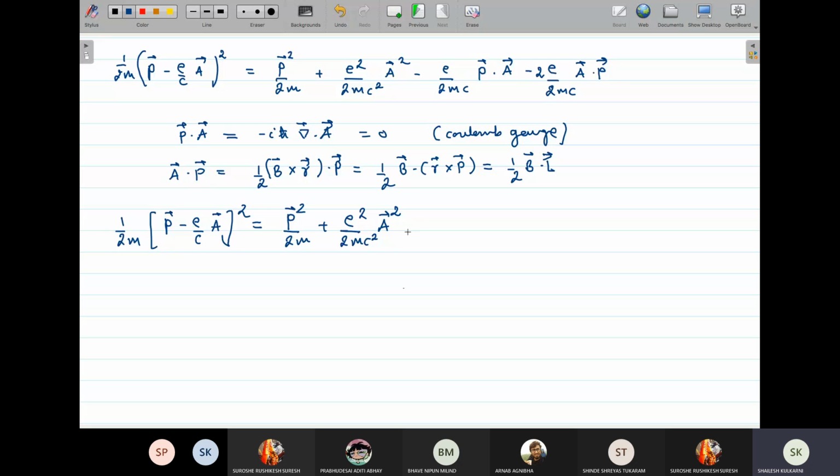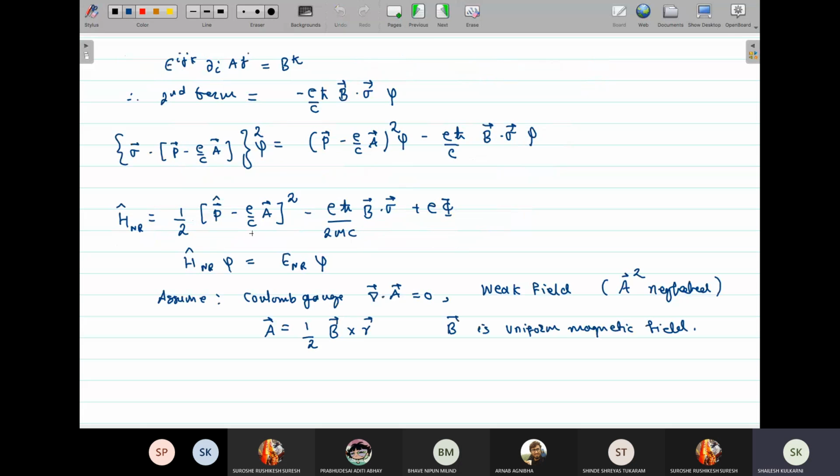But let us keep it as it is. This term will go away because of the Coulomb gauge, and the 2 will go, so I will get minus e divided by 2mc A dot P. A dot P, so that is B dot L. So this is the simplification in the first term.